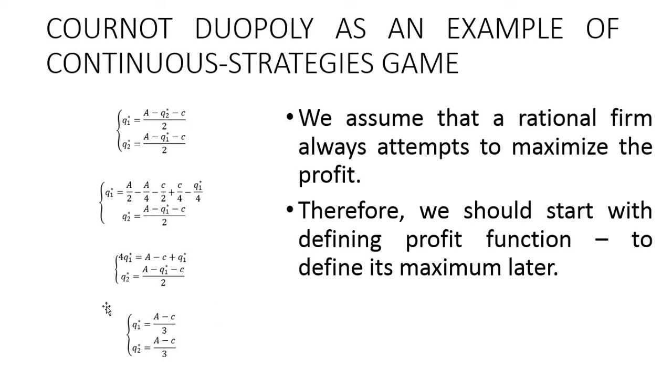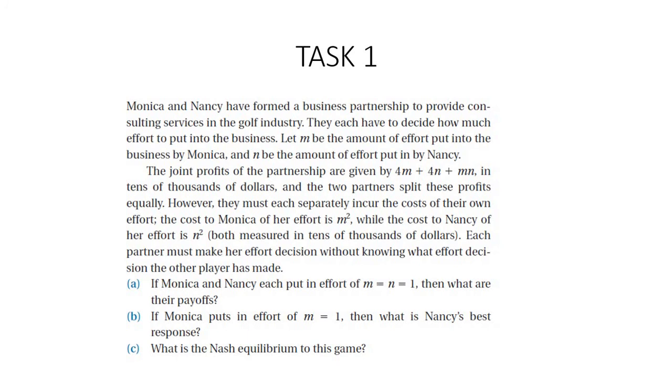Okay, so just to practice, let's do another example. This is an example from the Dixit textbook. Monica and Nancy have formed a business partnership to provide consulting services in the golf industry. Okay, sorry, it's just very funny to read something like this during the pandemic. They each have to decide how much effort to put into the business.